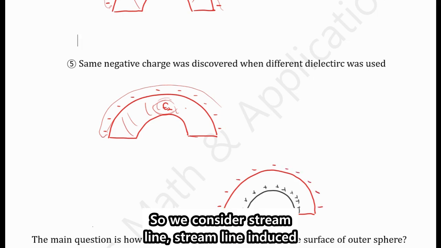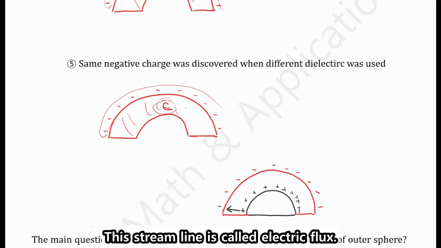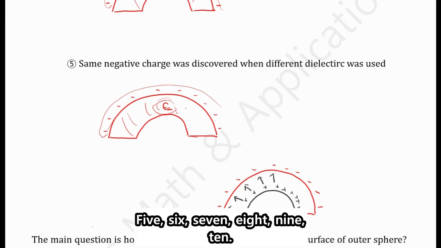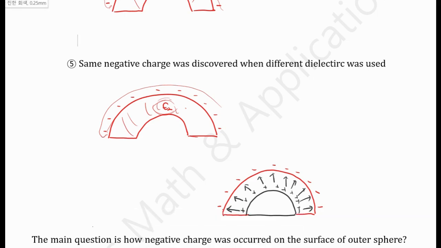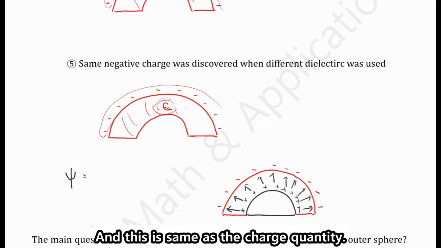So we consider streamlines. Streamlines exist from positive charge to negative charge. This streamline is called electric flux. We have 10 streamlines. Electric flux is expressed by psi, and this is the same as the charge quantity.